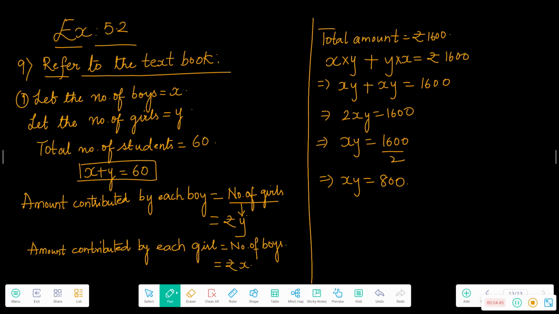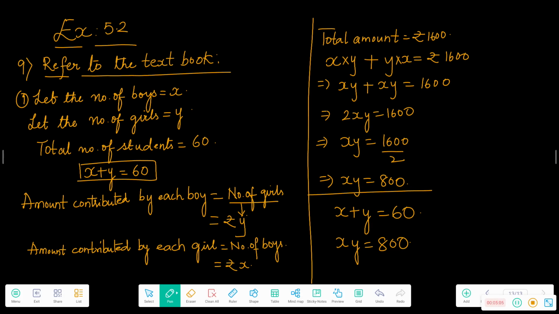Then we know that x plus y is equal to 60 and xy is equal to 800.